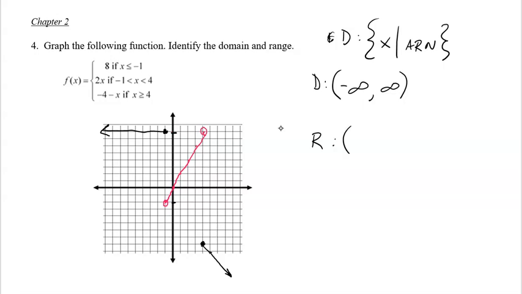With interval notation, -2 is not included, notice the open circle, but 8 would be included because we have this closed circle. The way we show that 8 is included is with a bracket. The parentheses means that it's not included, the bracket means that it is.